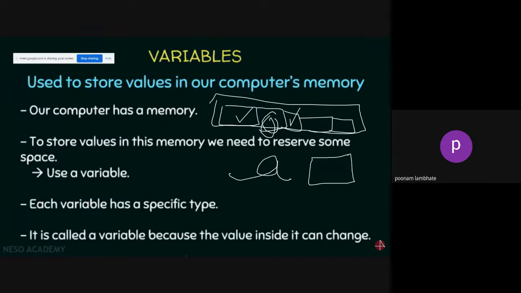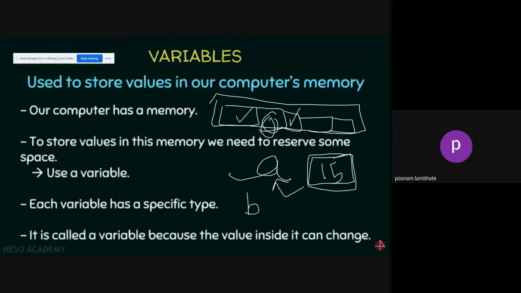So you can say that this block of memory is named A, means it is referred to as the variable A. Whatever value variable A stores will be stored in this block. Suppose A is equal to 15, then that value 15 will be stored in this block.